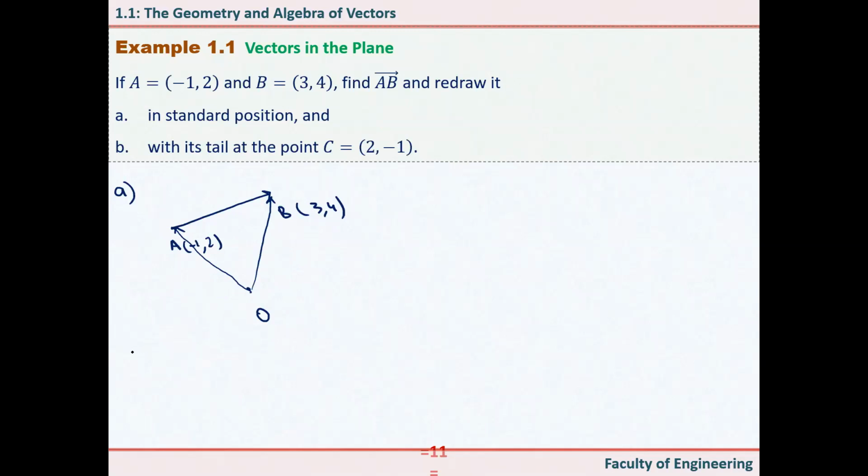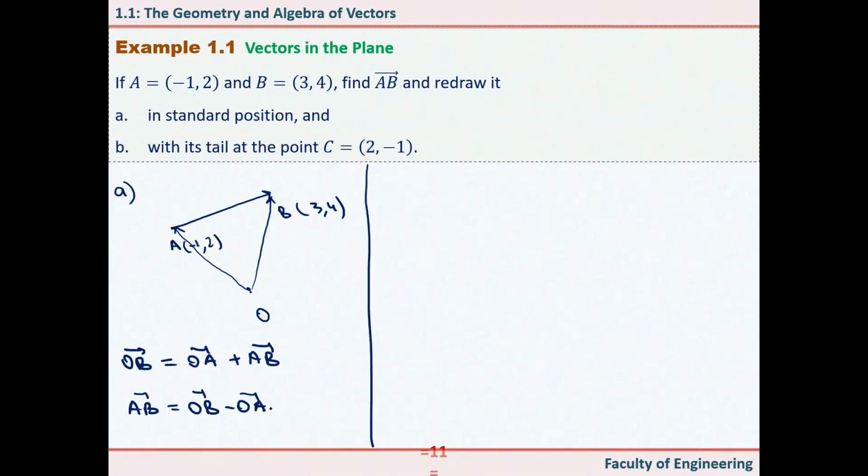That means OB equals OA plus AB. So from here, we need to find AB. What is AB? Then AB is equal to OB minus OA.